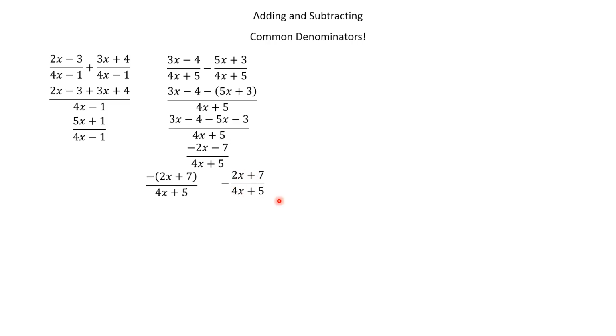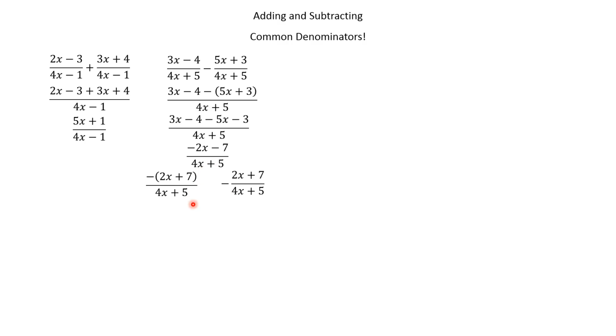You could also distribute it into the denominator, but that would be just kind of weird. Generally speaking, I'd probably leave it like this. Just make sure that this negative is inside the numerator. It's connected to the 2x. It is not part of the fraction as a whole, like it is here. It's part of that 2x. So don't get sloppy with your negatives.